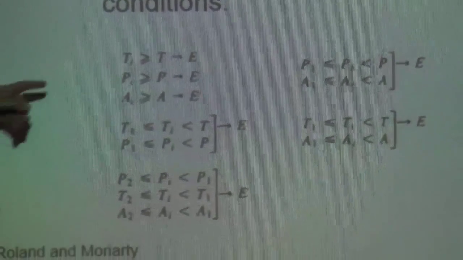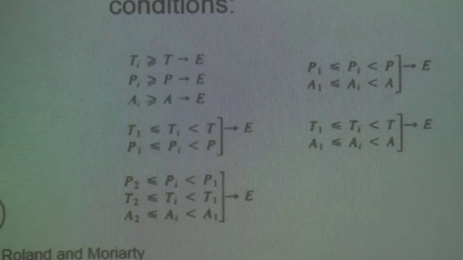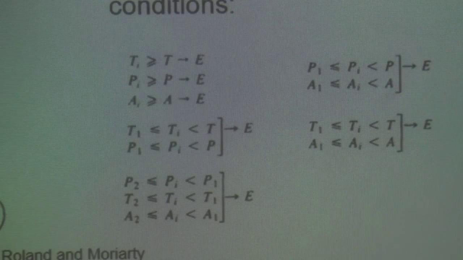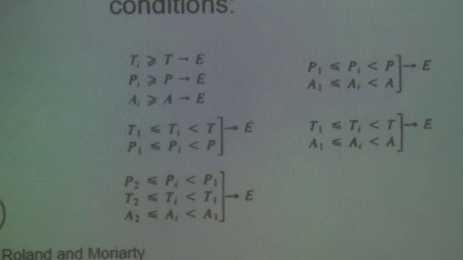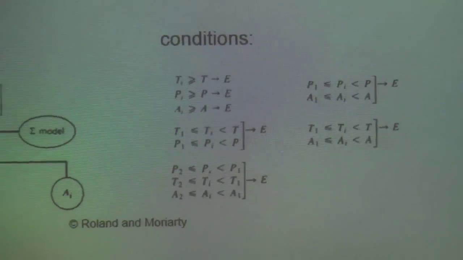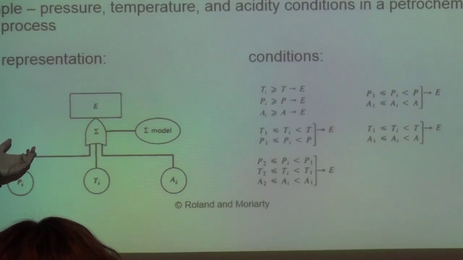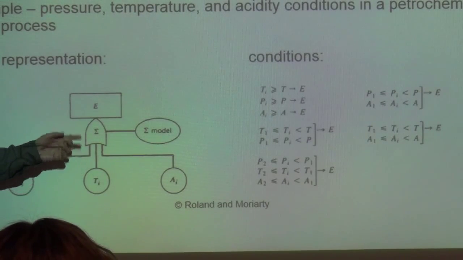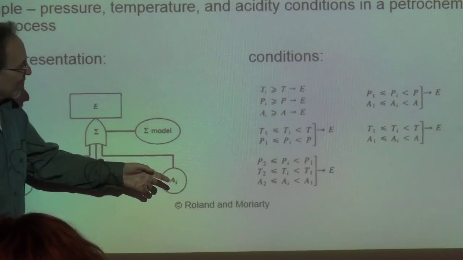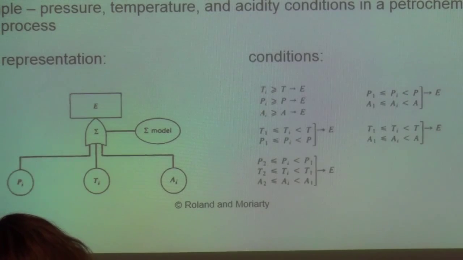If T sub I is greater than some value T, that in and of itself will allow the fault to pass. If P sub I is greater than or equal to some value P, then that is sufficient for the fault to pass. If A sub I is greater than some value A, then that's sufficient for the fault to pass.